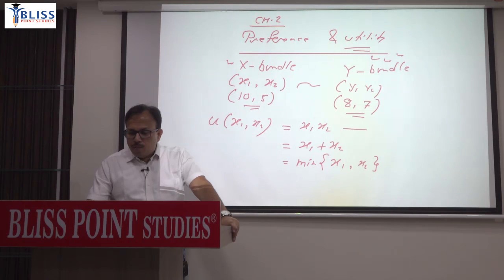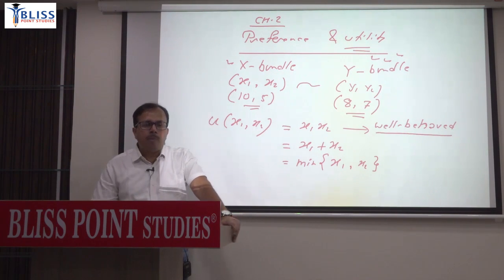This first form will be referred to as well behaved preference. It is called well behaved preference. Most common form of preference is that. There are certain properties of it, we will explain. When you write it as x1 plus x2, then good 1 and good 2 are called perfect substitutes.